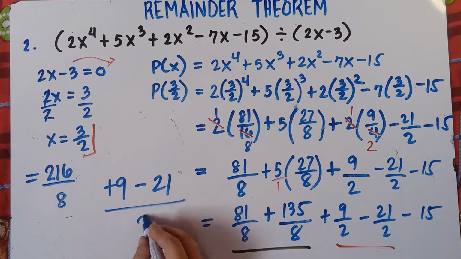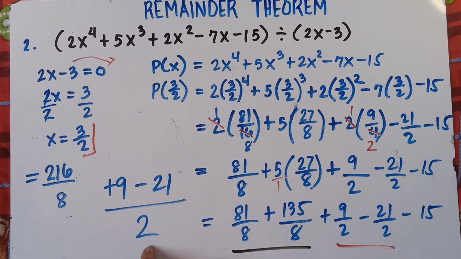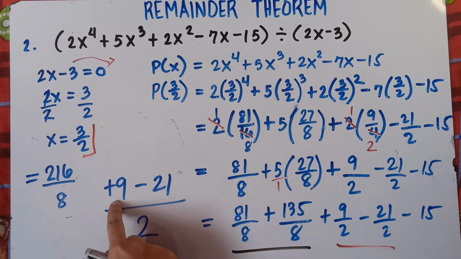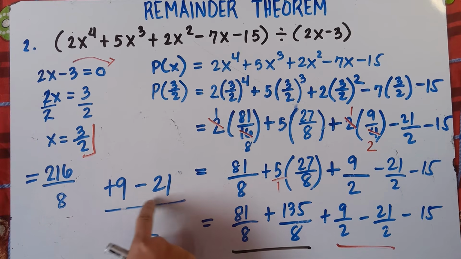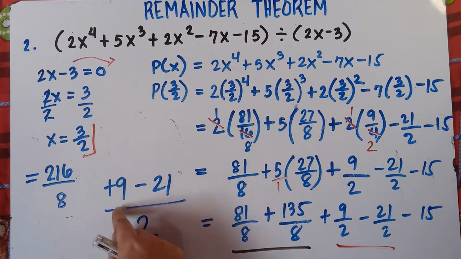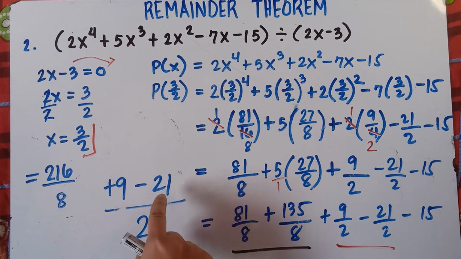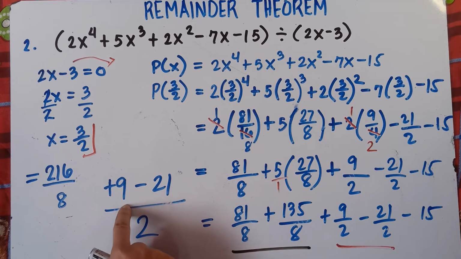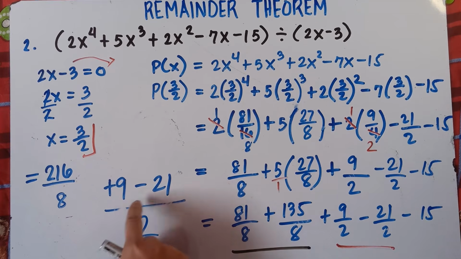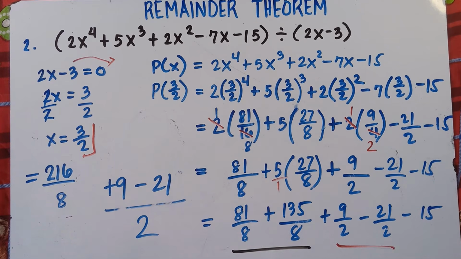Of course, the denominator is 2. If you're combining fractions with the same denominator, always copy the denominator, then combine the numerator. So positive 9, negative 21. If the signs are not the same, you subtract 21 minus 9. Okay? 21 minus 9. So let me subtract 21 minus 9.